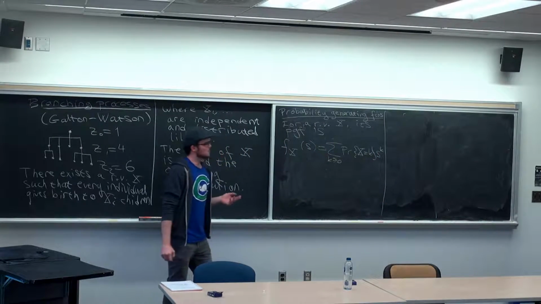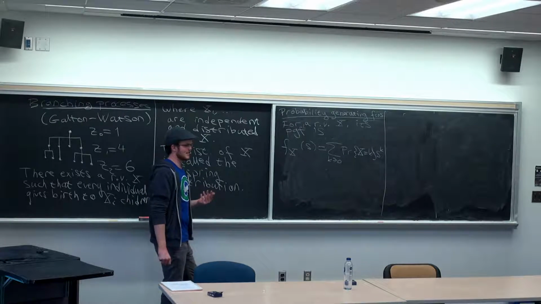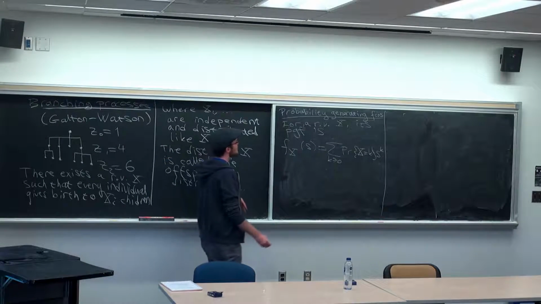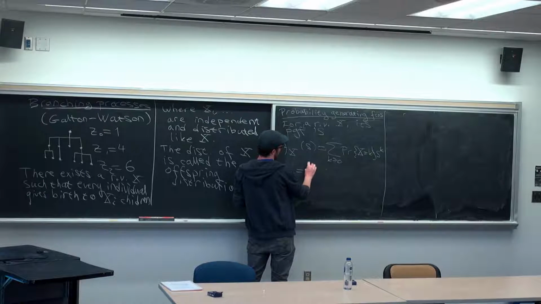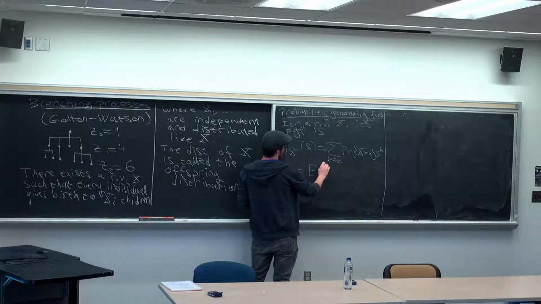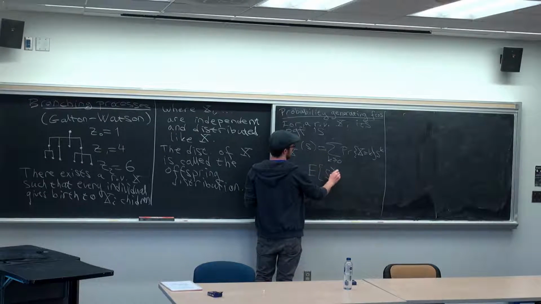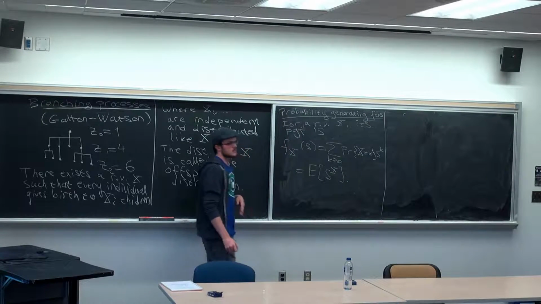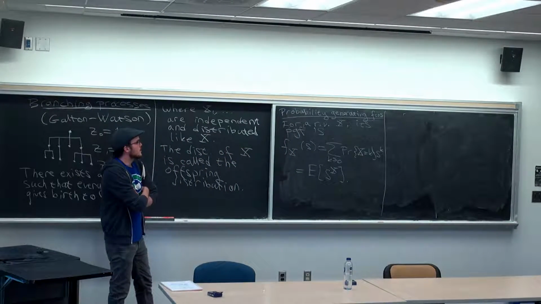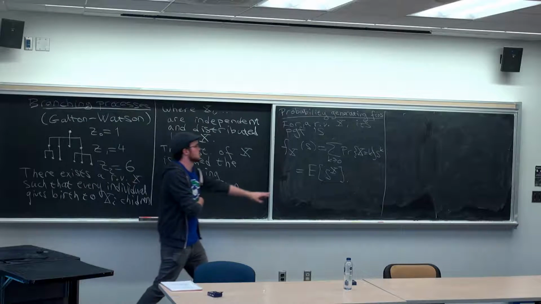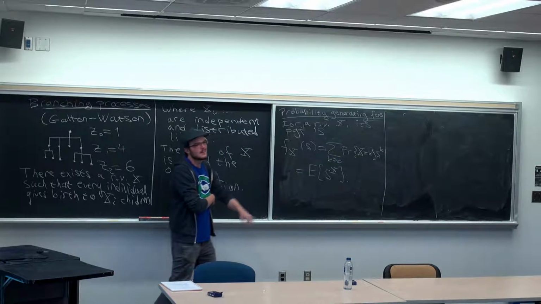It's given by this, which you might recognize if you've seen generating functions in discrete math. The easiest way to write it is just the expectation of s raised to X. And this is also the most useful form of this.